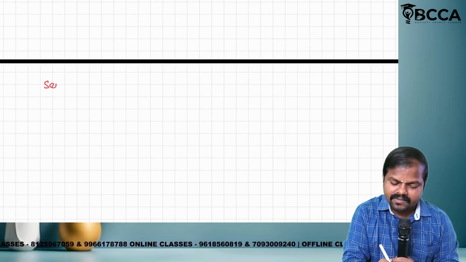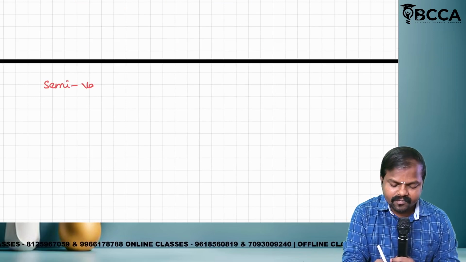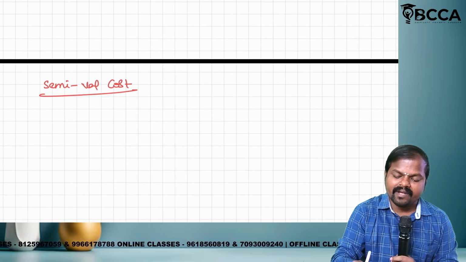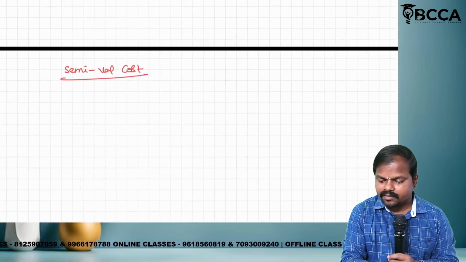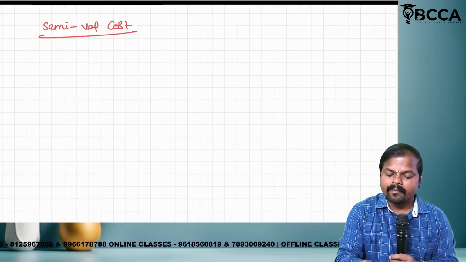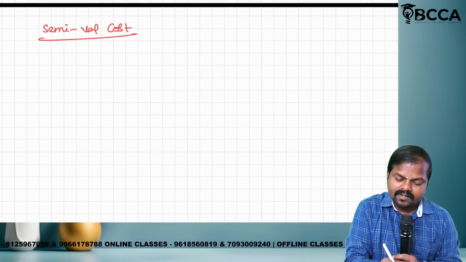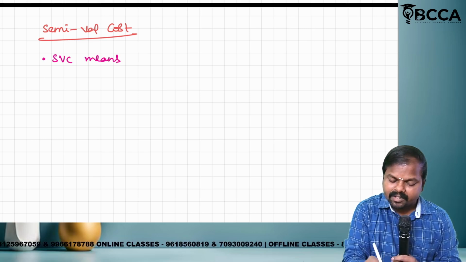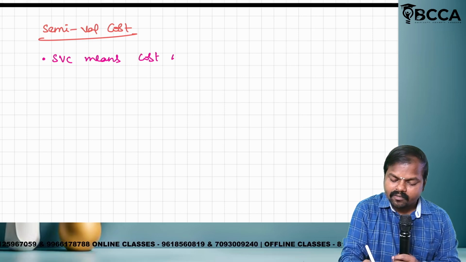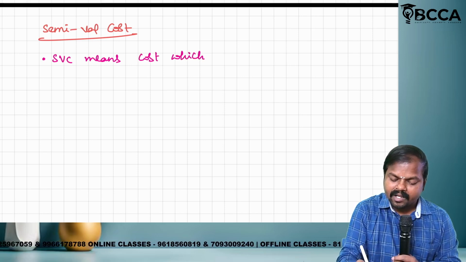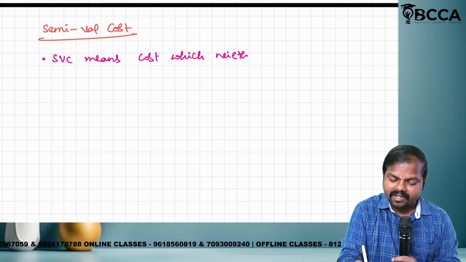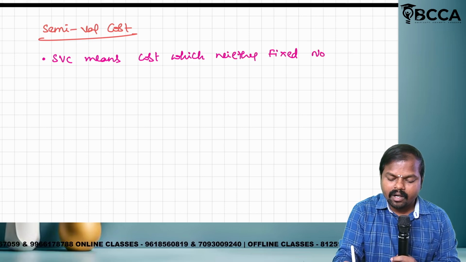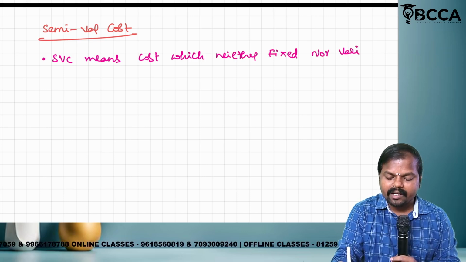Next, semi variable cost. Semi variable cost means cost which is neither fixed nor variable.